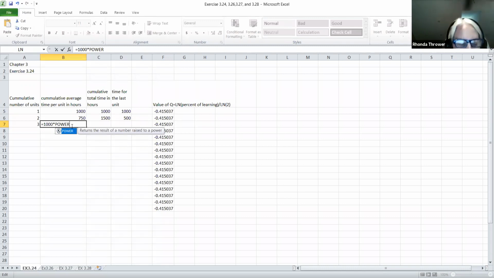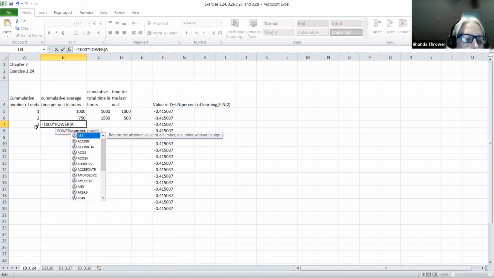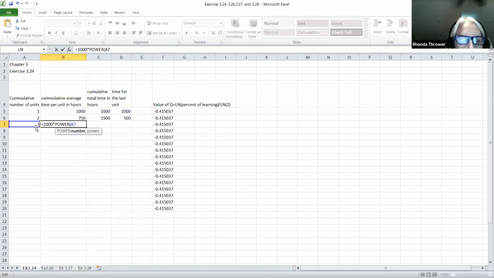And then I'm going to put a parenthesis in, and then I'm going to put in what I have in cell A7, which is the 3 there. I'm going to put in my cell number for this so it'll calculate everything when I'm copying this down. I'm going to put a cell address A7, and then I'm going to put a comma, and I want it to calculate through F7. And let me move this so you can see.